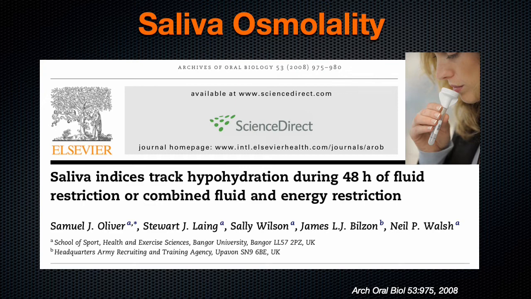So measuring osmolality in saliva has also been used, which is much easier to collect and analyze, and it's not invasive. You don't have to take blood samples, and it could be quite easily used in children or in vulnerable populations when blood sampling is more difficult.